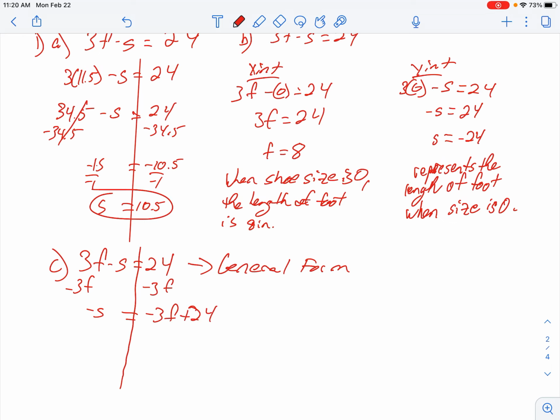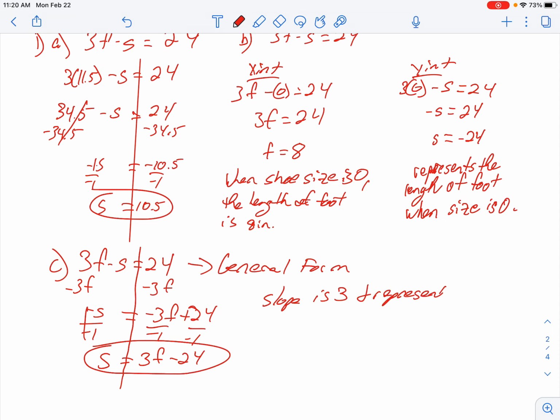Those are not like terms, so leave them separate. And then divide everything by negative 1. 3F minus 24.